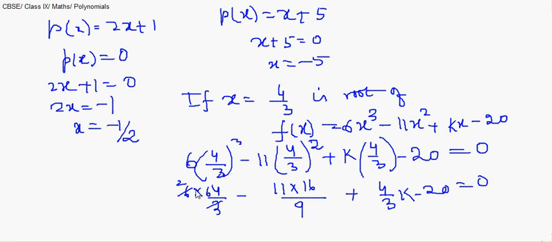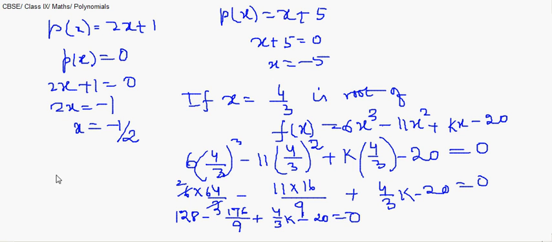So it is 128. I'm sorry. Or I can keep it as it is. Yeah, it is 128 minus 11 into 16 is 176 plus 4 by 3k minus 20.